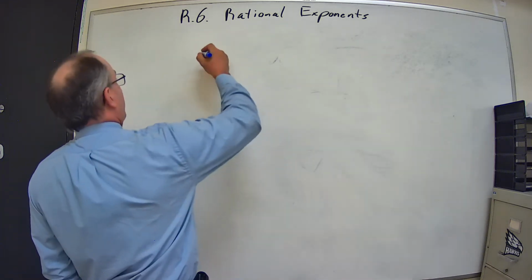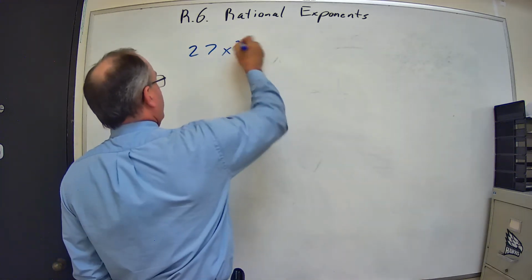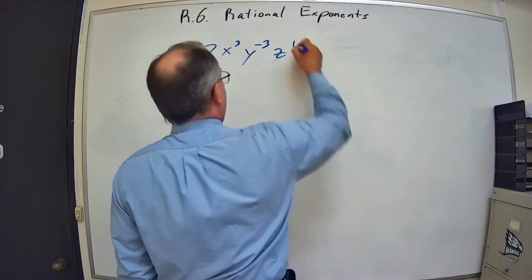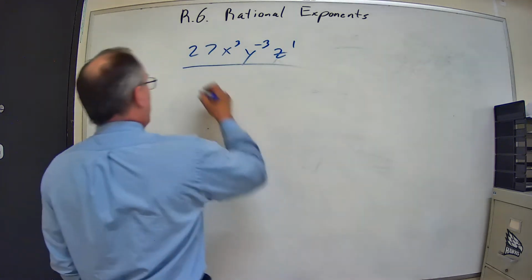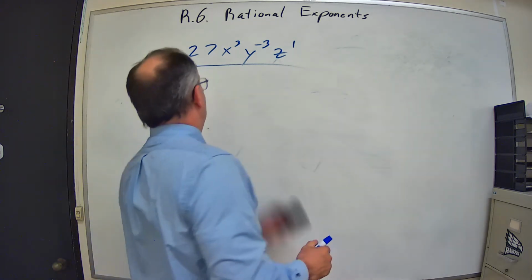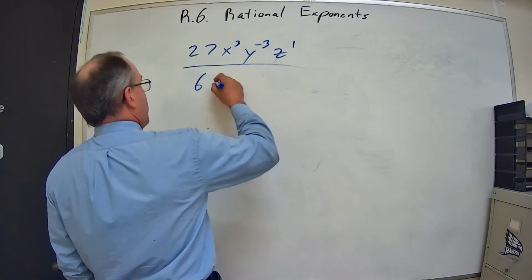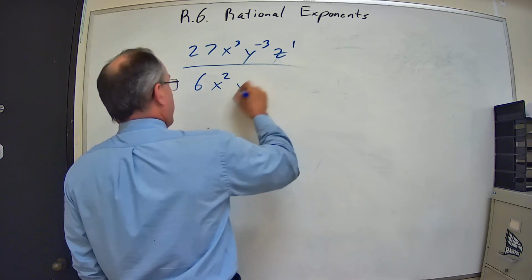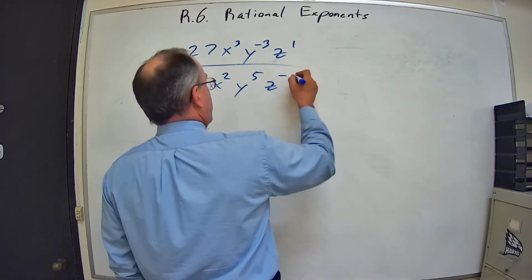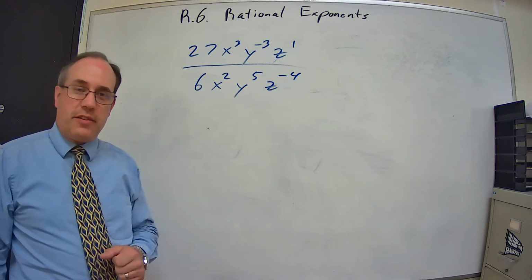What if I have 27 x cubed y to the negative 3 z to the 1 over 6 x squared y to the fifth z to the negative 4, and I want to simplify this?